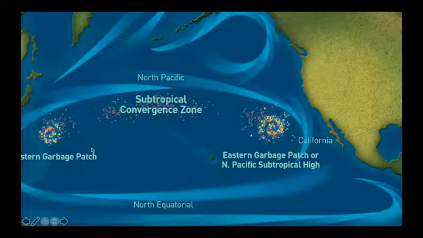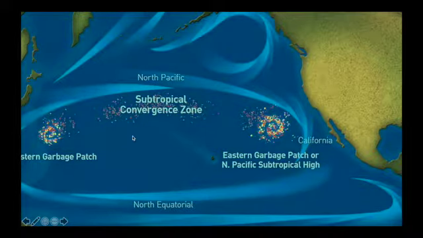Most of this accumulation of garbage comes from the land. All of this garbage moves out from the rivers and then goes into the oceans. When it comes into the ocean, it follows all of these ocean currents, because garbage and plastics are very light. They follow the currents, and in the end, after a few years in the ocean, they will end up in the middle of this gyre system.